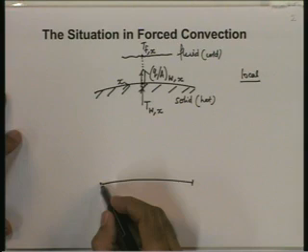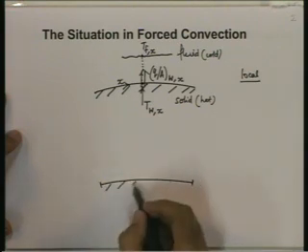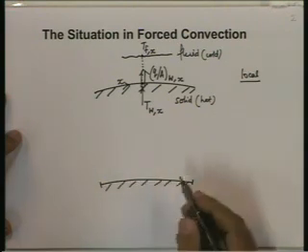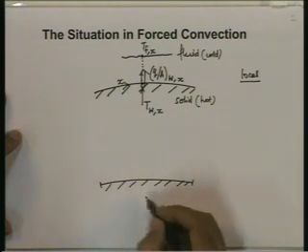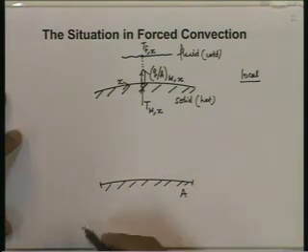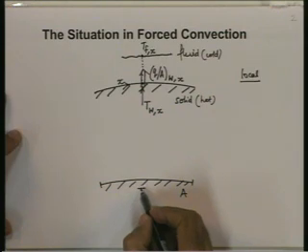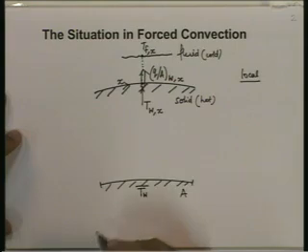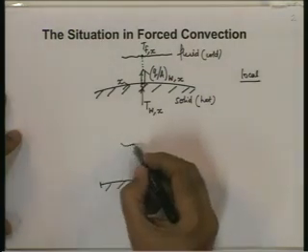So maybe in a gross way, in an overall way, let us say that I have a surface. Let us say the surface area is A. The mean temperature of the surface is Tw bar. There is a fluid flowing.